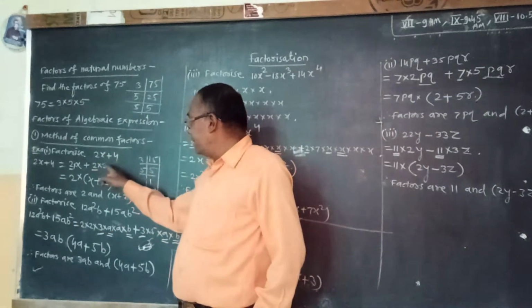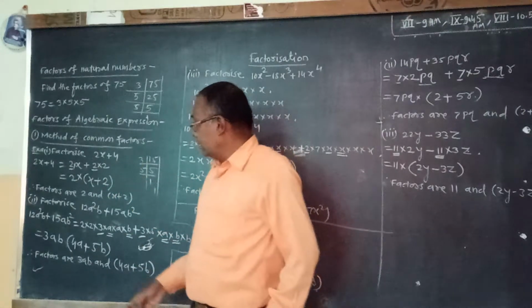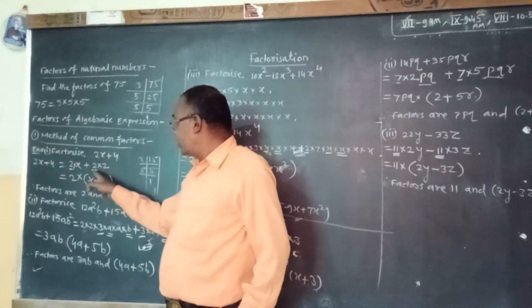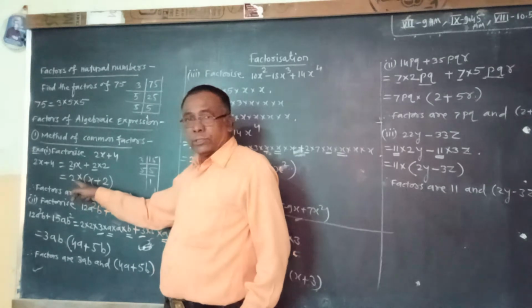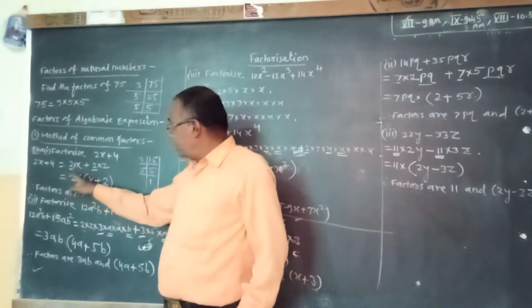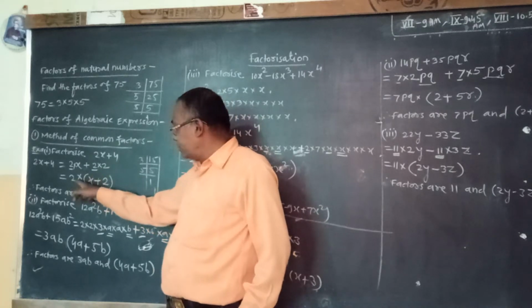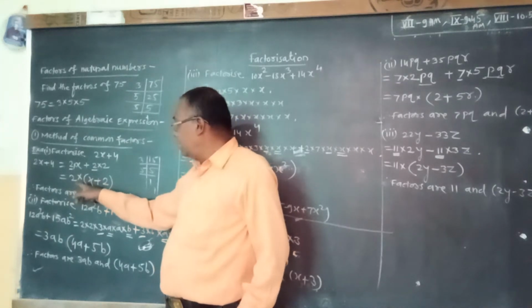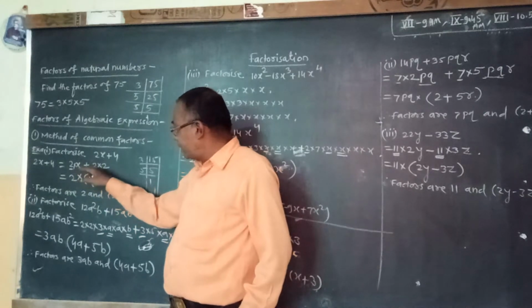Now 4 can be written as 2 into 2. And now from the left side as well as the right side, we can take 2 as a common factor. 2 is multiplying x, and 2 is multiplying 2. So the common 2 is taken outside, multiplied by the bracket, which contains the remaining terms, x plus 2.